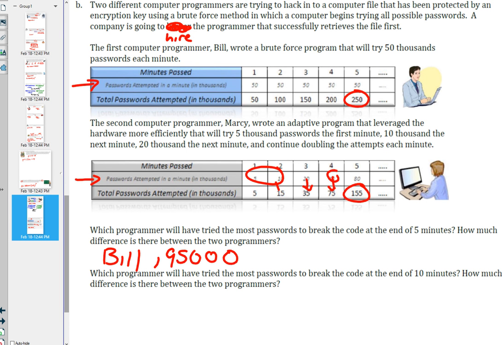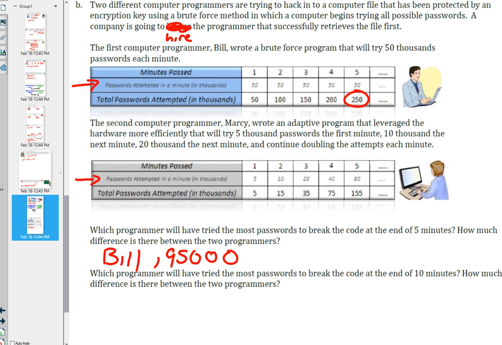Based on what we've learned about the way exponential functions and linear functions work, the second one is exponential because it's growing by a factor. It's doubling, right? Yeah, it's doubling.